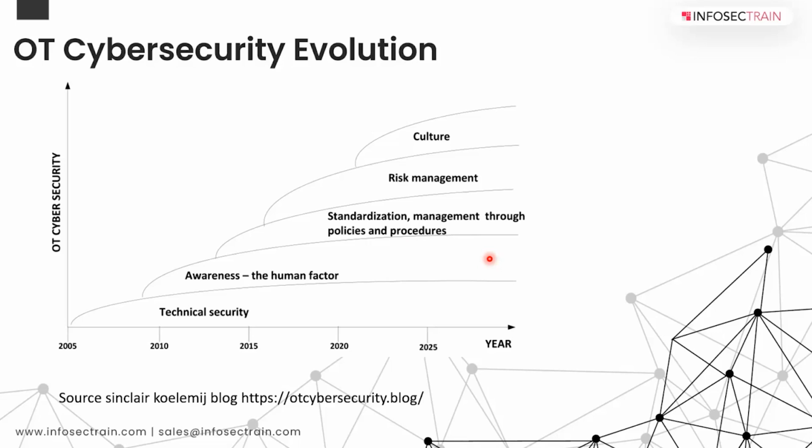Based on all these incidents, safety standards developed in parallel. There is something called IEC 61508, a general functional safety standard. IEC 61511 is for oil and gas functional safety. Then for the automotive industry, we have a functional safety standard. For oil and gas and automotive, it is totally different.